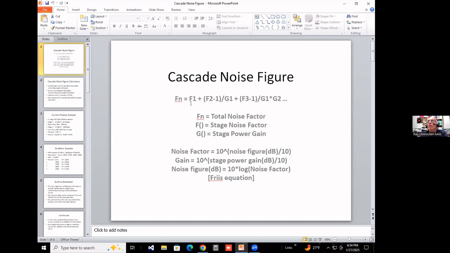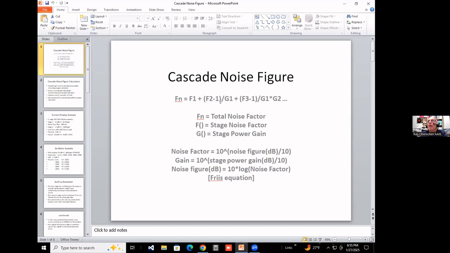The next one is the noise factor of the first preamplifier stage. This is the second stage right here, and that amounts to the noise factor of the second stage minus 1, divided by the gain of the first stage.